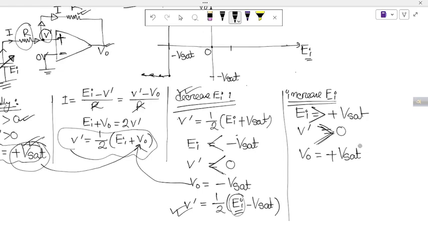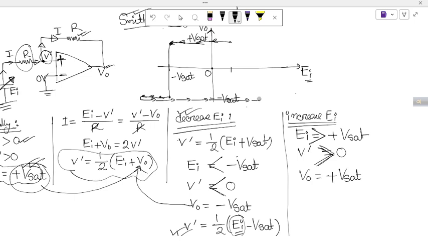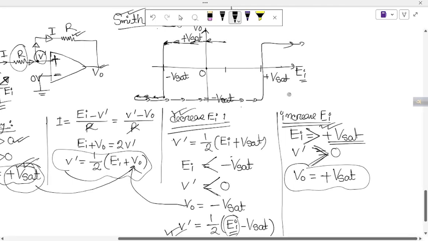Let's see this in the graph. Now I am going to the right side of this graph as I am increasing EI. When EI is equal to plus Vsat, at this point, the output voltage jumps to plus Vsat. If I now again decrease EI, the graph will go leftward, and see, we have got a hysteresis curve.